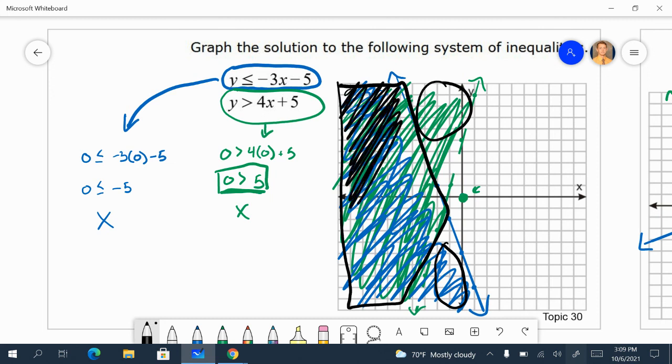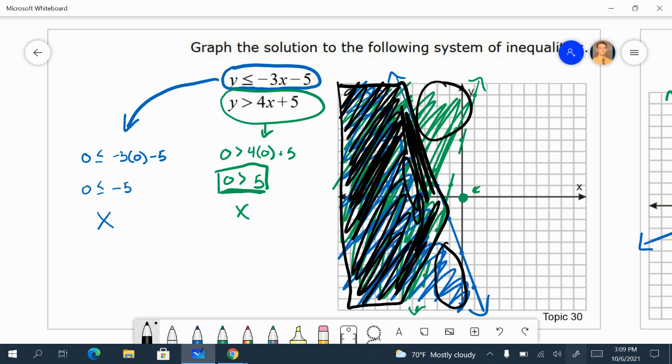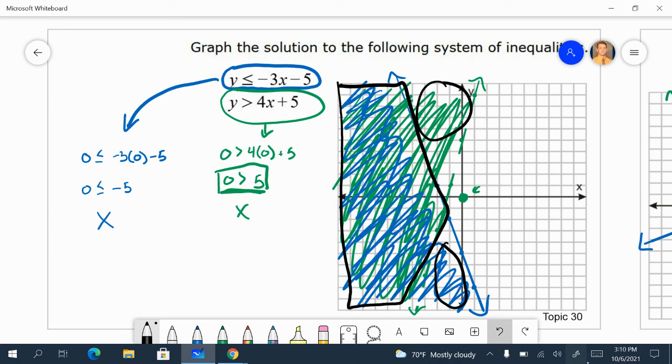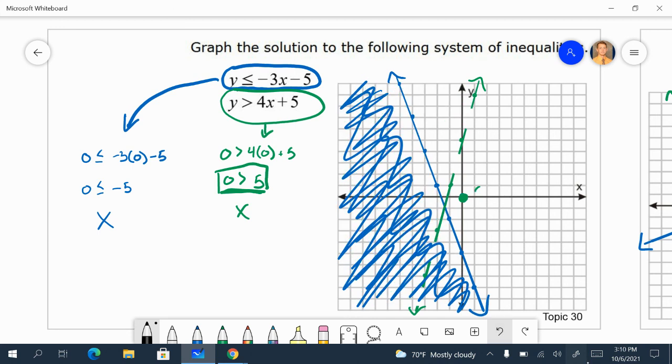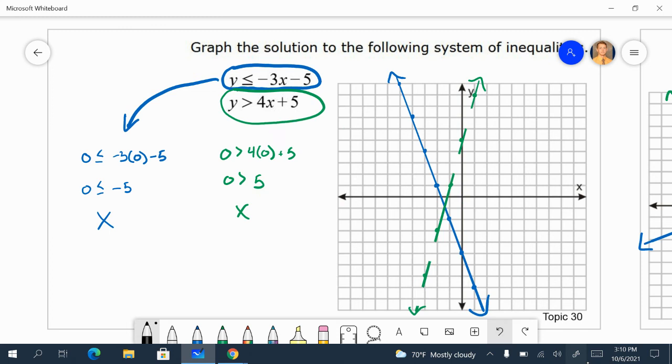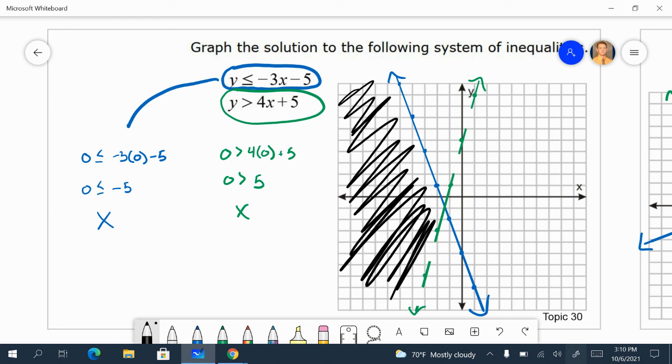It's shaded with multiple different colors. So everything inside there is true for both inequalities. That's kind of tricky. Let's see if I can just erase everything here. This is the piece where it was shaded for both. So that's the only part that is true.